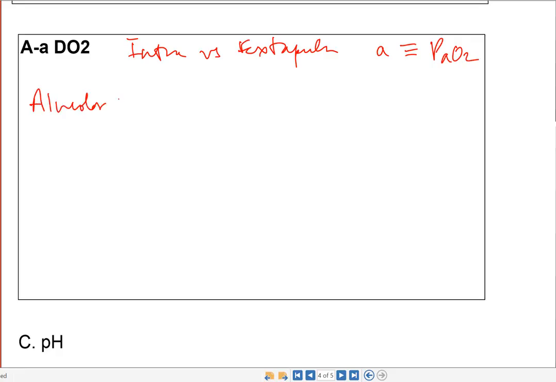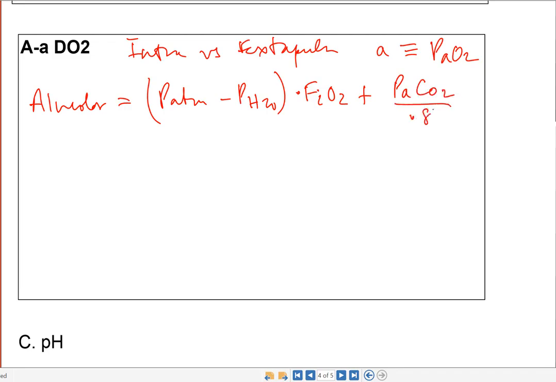And that's calculated by the formula of the atmospheric pressure minus the pressure that one gets from water, and that's times the inspired oxygen, which is going to be 0.21, and that's added then to the effects of the CO2, which is calculated by the PaCO2 over the respiratory quotient, which is about 0.8.